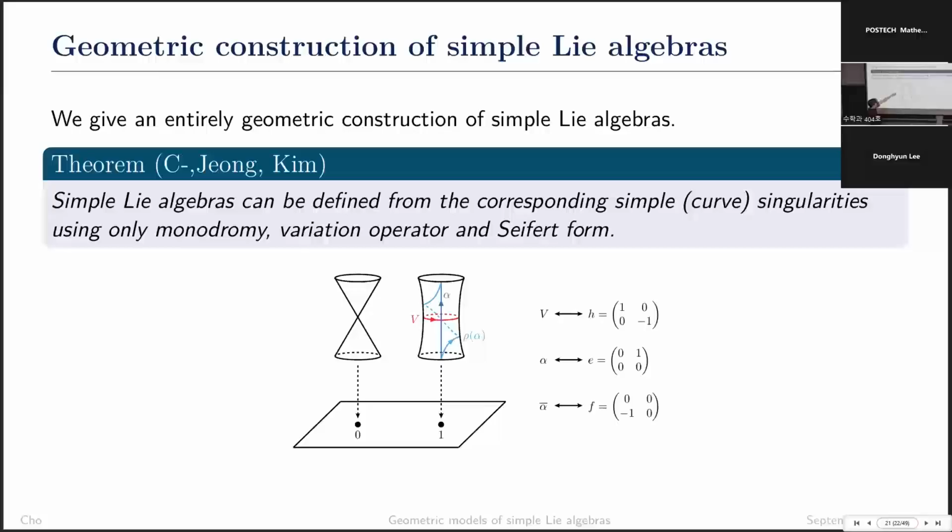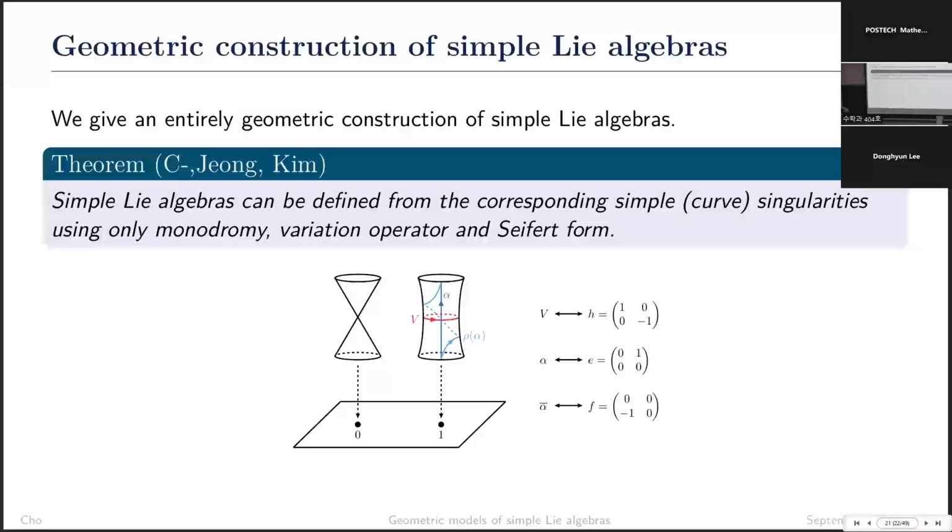We're just going to use these three pieces of information and define simple Lie algebras. So this is our suggestion for sl2. sl2 is the trace zero matrices, so you have three basis generators: 1, 0, 0, minus 1; 0, 1, 0, 0; and 0, 0, 1, 0. This is usually called the sl2 triple.